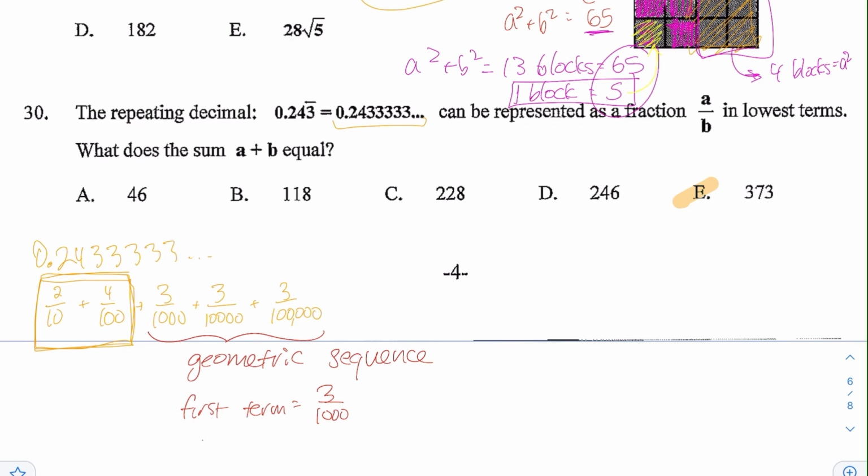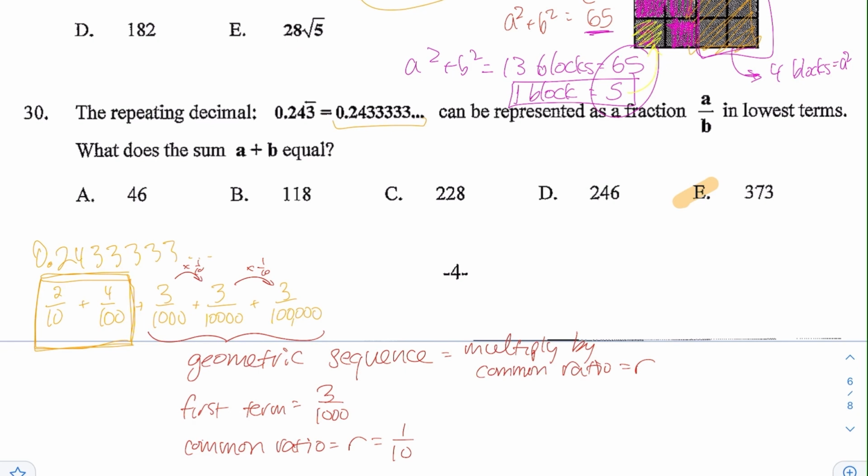And then the common ratio that you're multiplying by, because in a geometric sequence you keep multiplying by a common ratio, and we call that constant r. The common ratio r is going to be equal to 1/10, because each time you go to the next number, you multiply by 1/10.